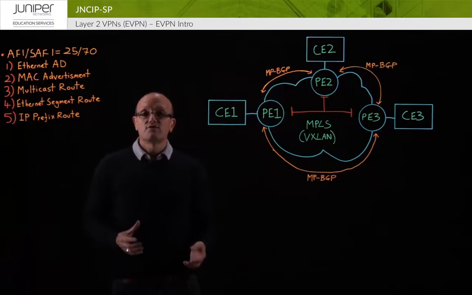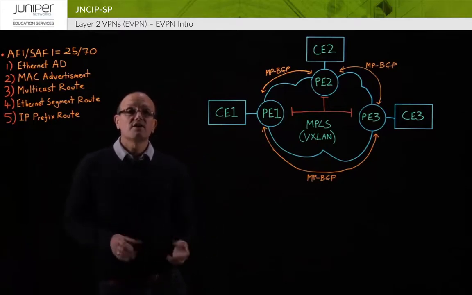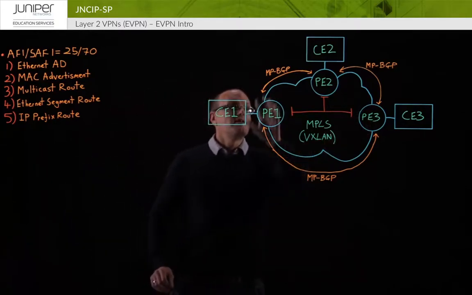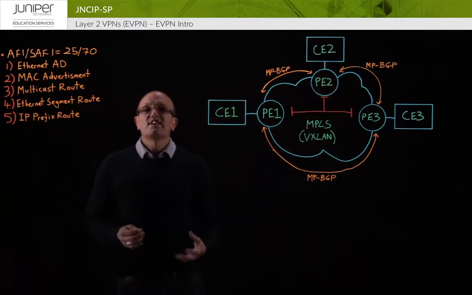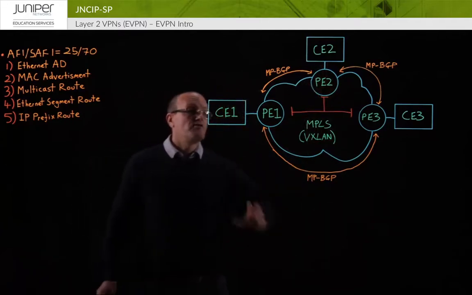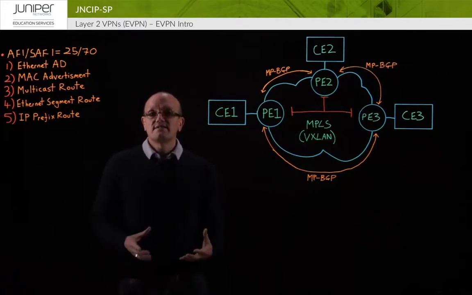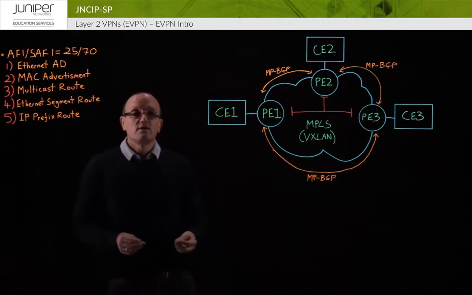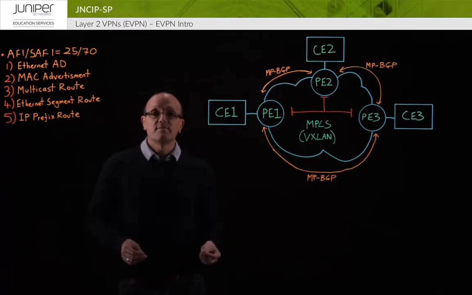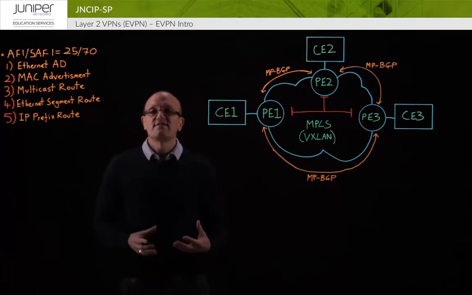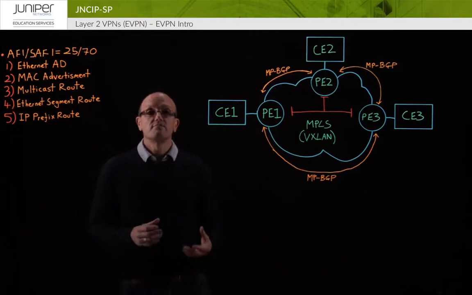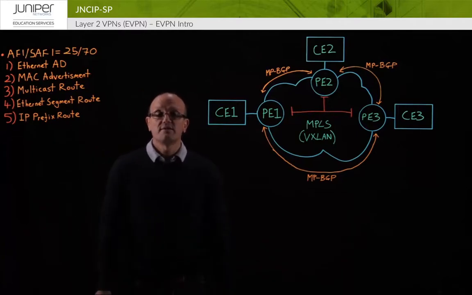EVPN supports the advertisement of MAC addresses from PE to PE, which gets rid of a large amount of the unknown unicast flooding. It has multi-homing techniques built in, which we'll examine in more detail later, which means that it is significantly easier to deploy multi-homing techniques within EVPN.